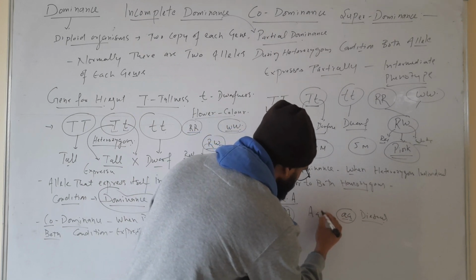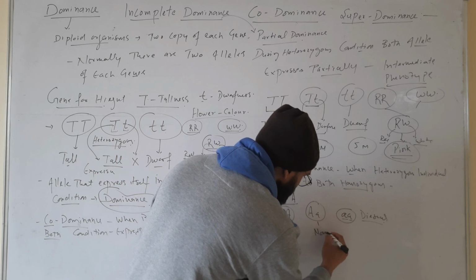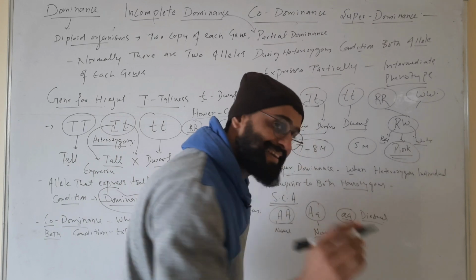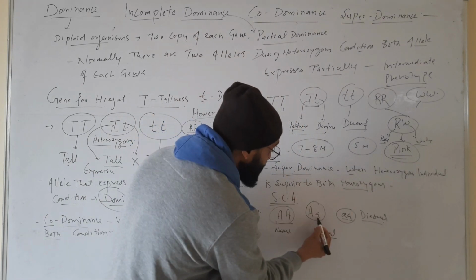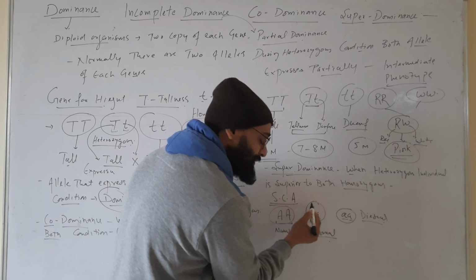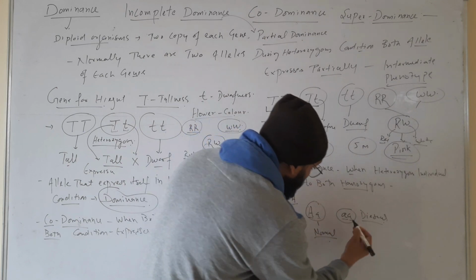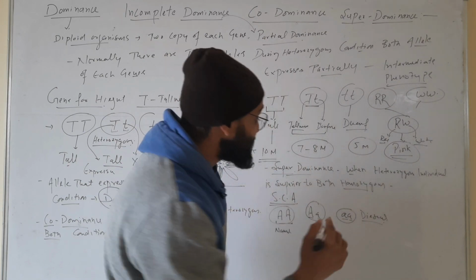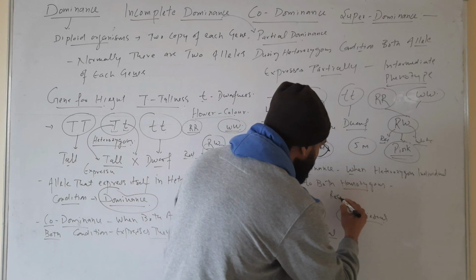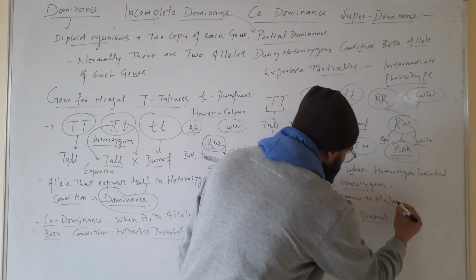Another condition is heterozygous. This is normal. Why is it normal? Because it is caused by a recessive mutation. So one allele is mutated, another is normal. If another is normal, then that person will be normal. This capital A allele causes resistance to malaria.